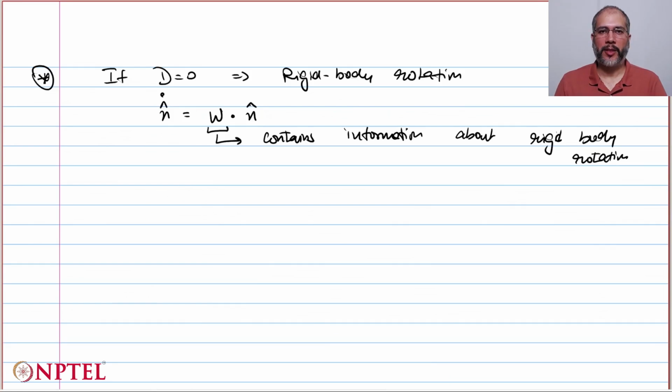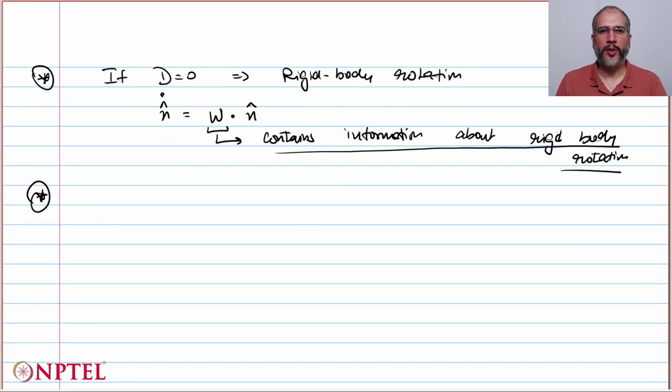In this case, it's a rate of rotation because we're talking about n hat dot. It is in fluid mechanics mostly that w is used, so w is about things rotating continuously. So I have learned that w contains information about rigid body rotation. Let's underline that because that's important.